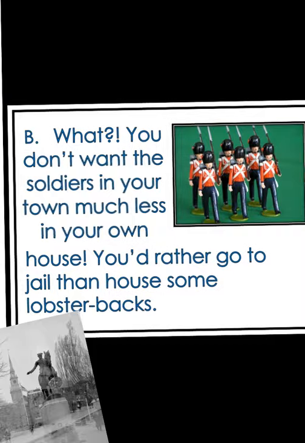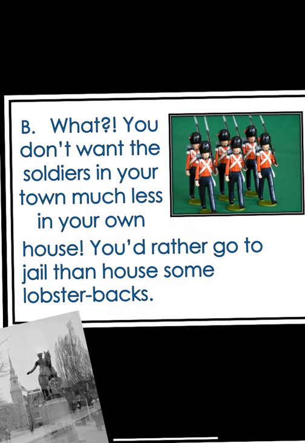And by the way, lobster back was considered a swear word back in the day if you called someone a lobster back. Now, think about this, and you should have your pencil and paper with you here too. This man, Paul Revere, had a lot of kids, and that really afforded him the opportunity to not have British soldiers quarter with him, or stay with him, or board with him for free, which allowed him to participate in a lot of underground treasonous activities.